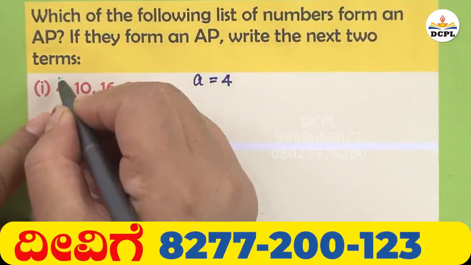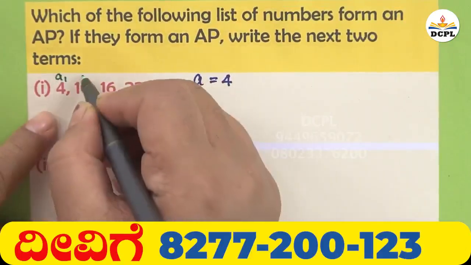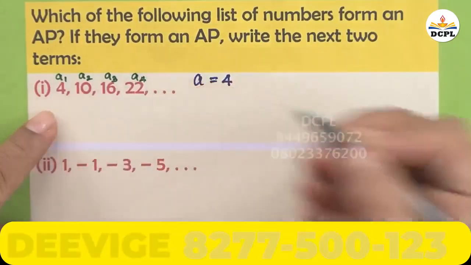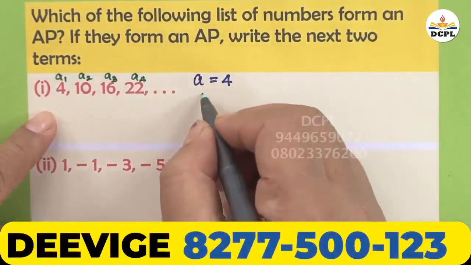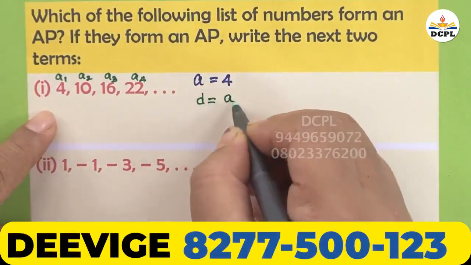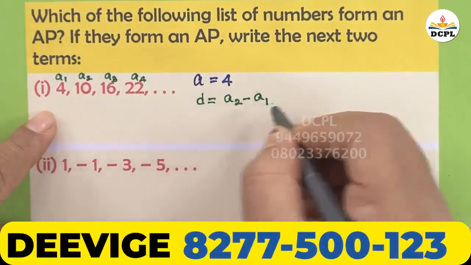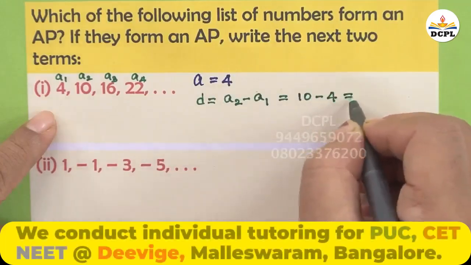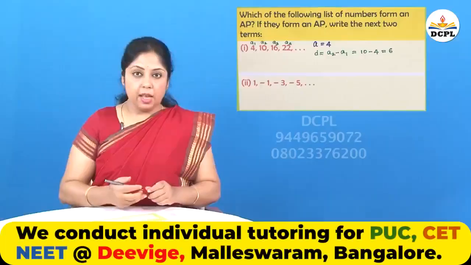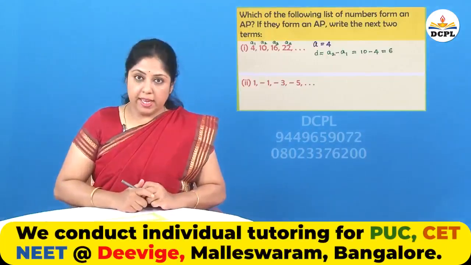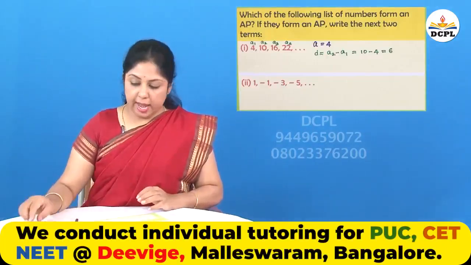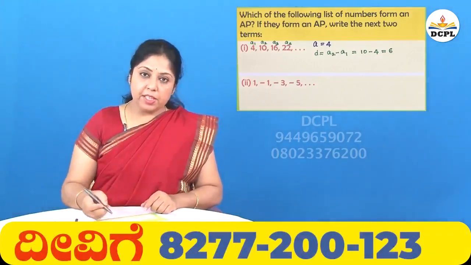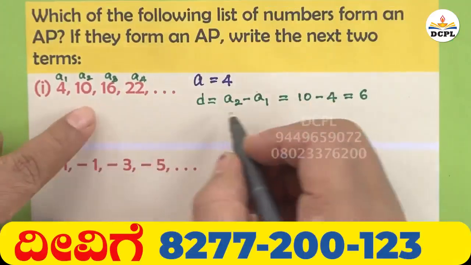Suppose we take A1, A2, A3 and A4. Now how is D given? D is given by A2 minus A1. So in the first step it is 10 minus 4, which is equal to 6. We cannot stop here and say that the sequence is in AP, because we need to further check whether the common difference is constant throughout.